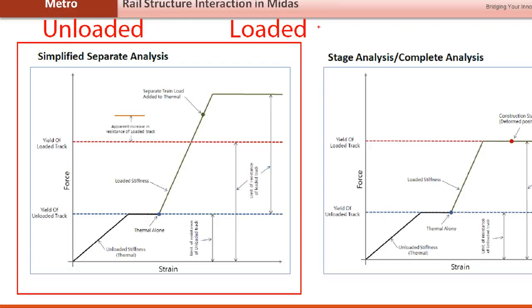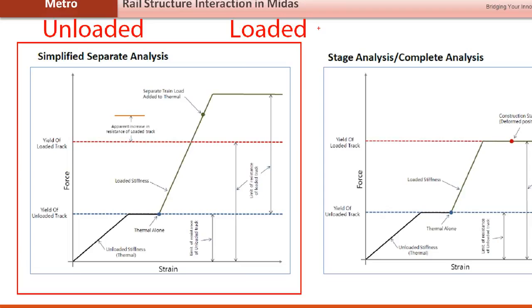Unloaded stiffness means that when there is no train load over the rail, the connections and the ballast will have some stiffness due to the temperature. Similarly, loaded stiffness is when the train load is coming over the track, and then the ballast or the connection will have a different stiffness. Both these stiffnesses follow a separate graph.